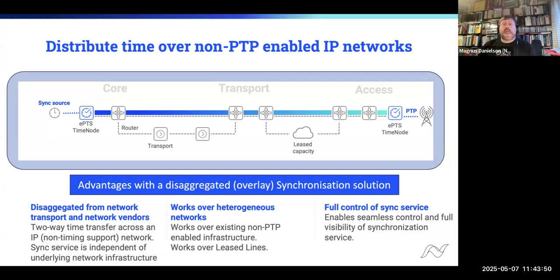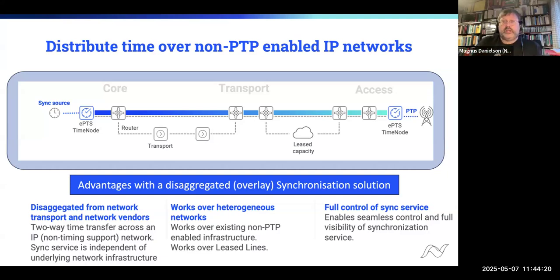Part of this could also be microwave links, for instance. So there is a wide range of different underlying network properties that could be there. But by not being tied directly to these physical details, you can actually bridge them and mend them together. And I think that's an interesting thing, because that enables many different solutions.